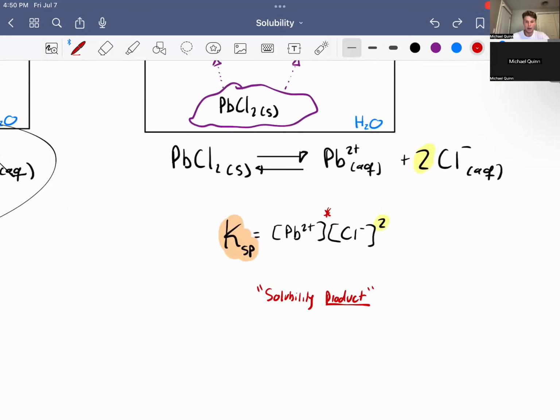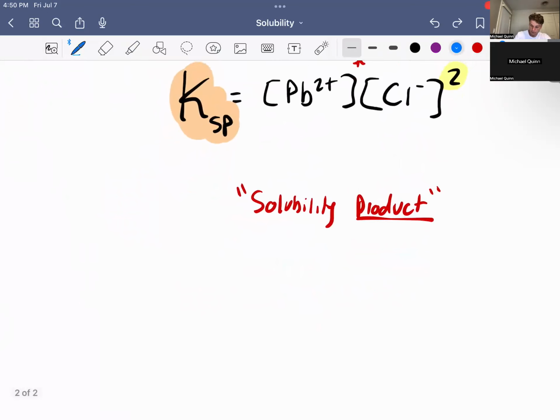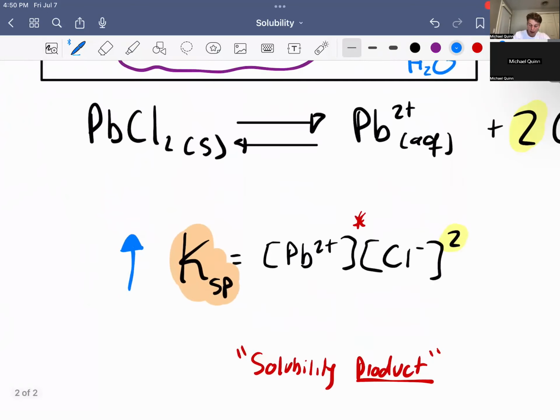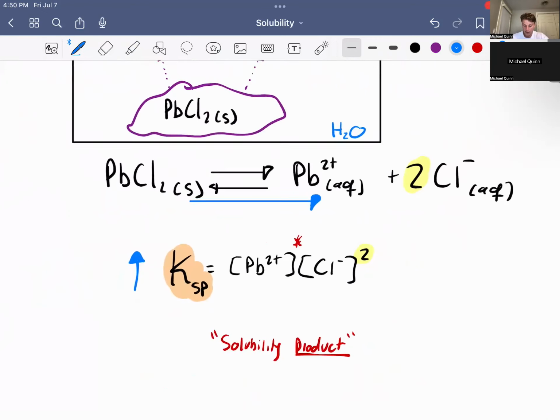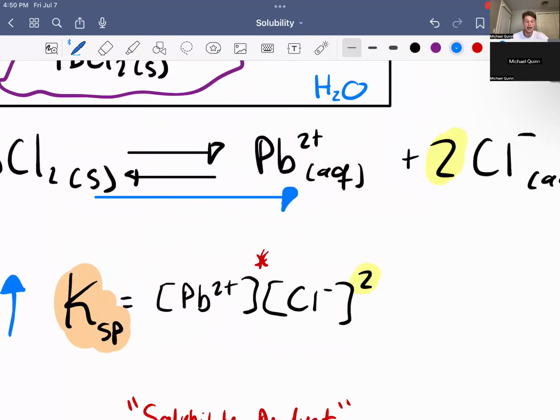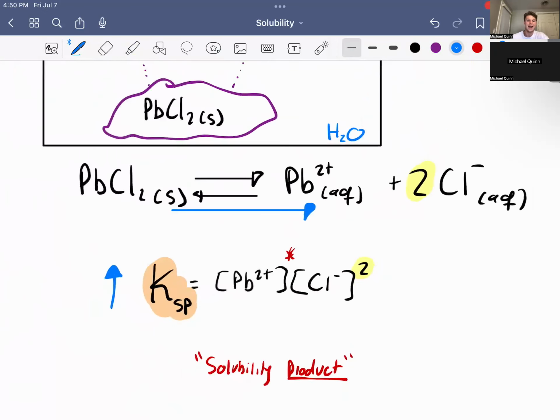Now, the higher the KSP means that whatever solid we are dissolving in this water is going to make more products. And if we make more products, that would give us a higher KSP value when we multiply their concentrations at equilibrium together. So a higher KSP value is associated with a solid that is more soluble in water.